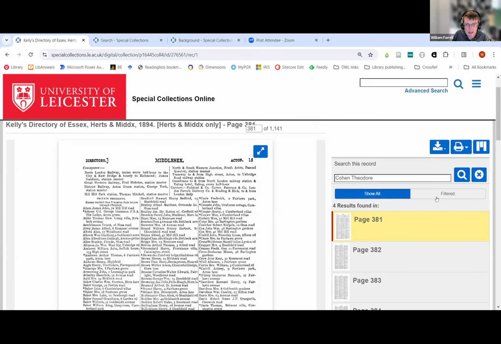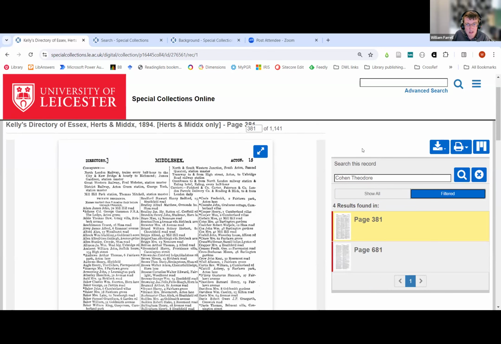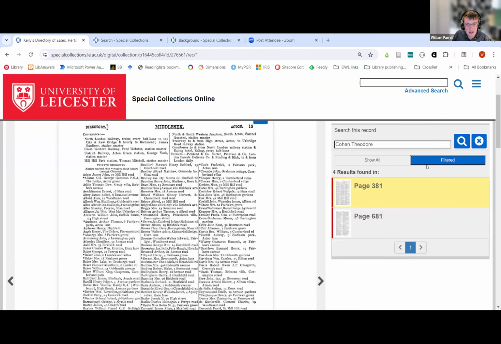So I recommend using this tab called Filtered. This now shows you the pages that the words appear on only. So sorry, 4 results mean 4 instances of these words. And if you do filtered, it's on 2 pages only, page 381 and 681. For the very large later 19th century directories, I recommend switching to the filtered tab because you can get confused quite easily.